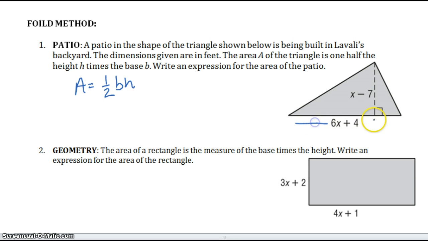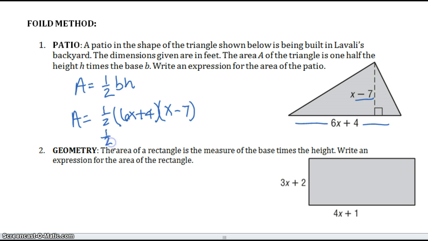All right, well, they've given us the base here is 6x plus 4, and they've given us the height is x minus 7. So the area here is going to be 1/2 the base, 6x plus 4, times the height, x minus 7. So I'm going to leave my 1/2 sitting outside while I take care of doing the FOIL method.